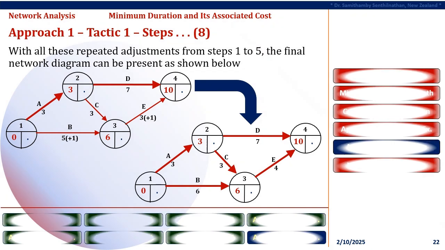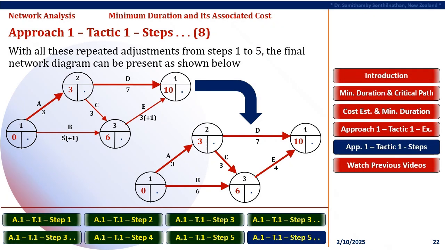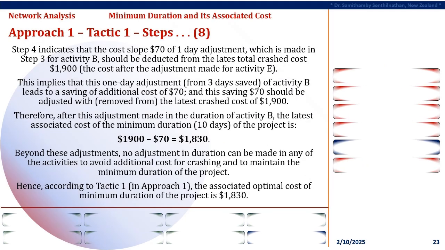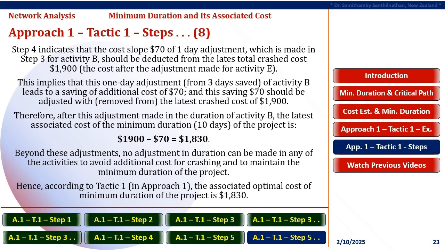With all these repeated adjustments from Steps 1 to 5, the final network diagram can be presented as shown here. Now, Step 4 indicates that the cost slope $70 of the 1 day adjustment made in Step 3 for activity B should be deducted from the latest total crashed cost $1,900.